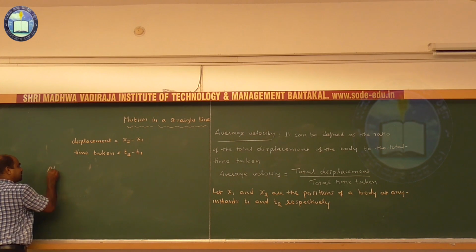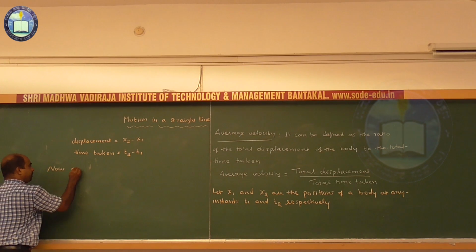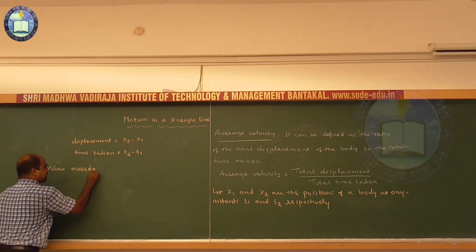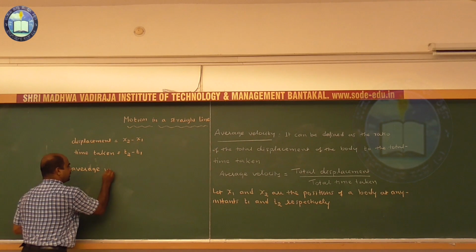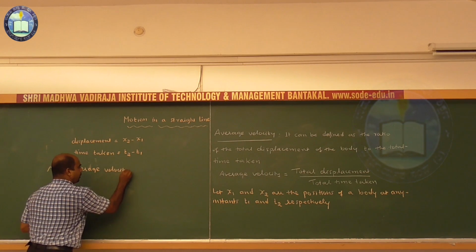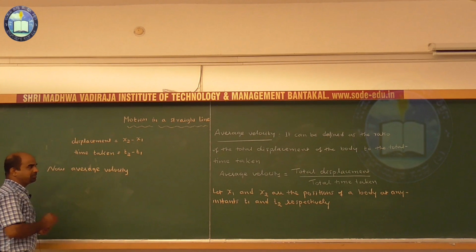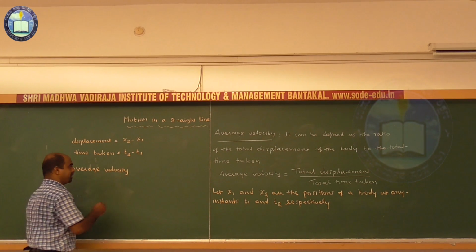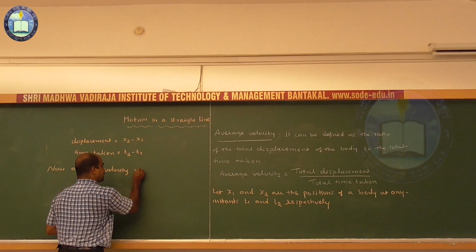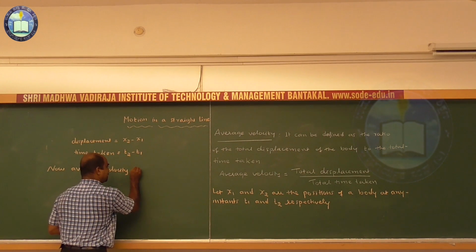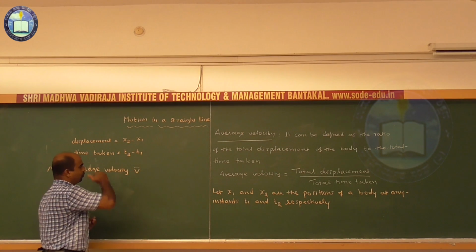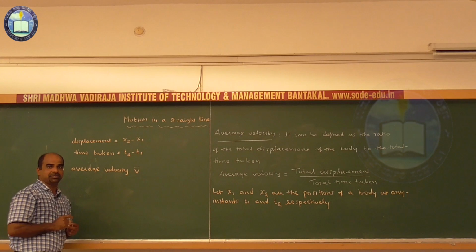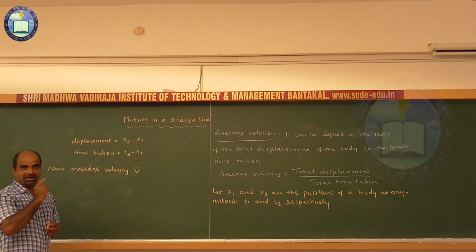Now, what is the average velocity of the body? We understood, total displacement by total time taken. Remember, in our NCERT book, average velocity is represented by putting a bar over the v, v bar.